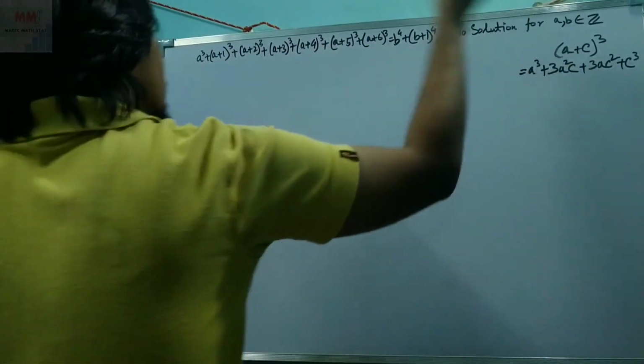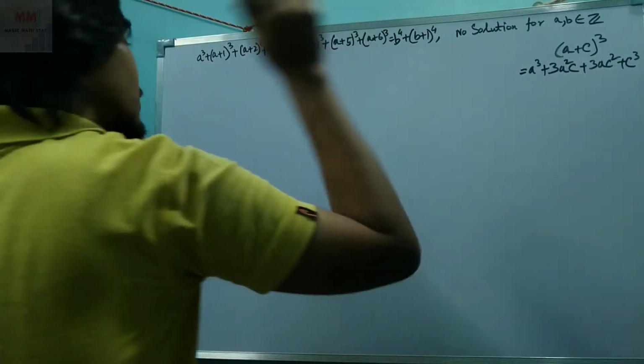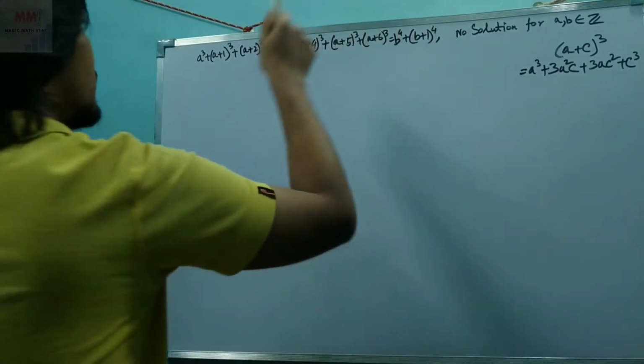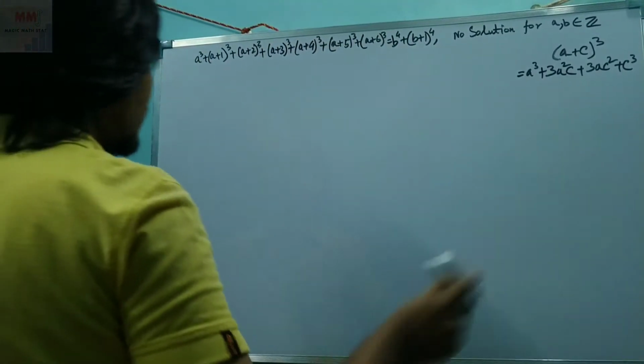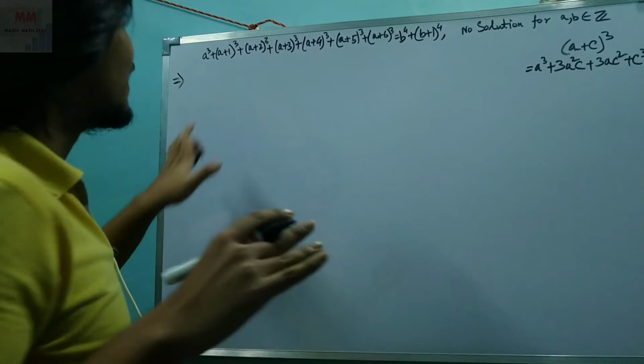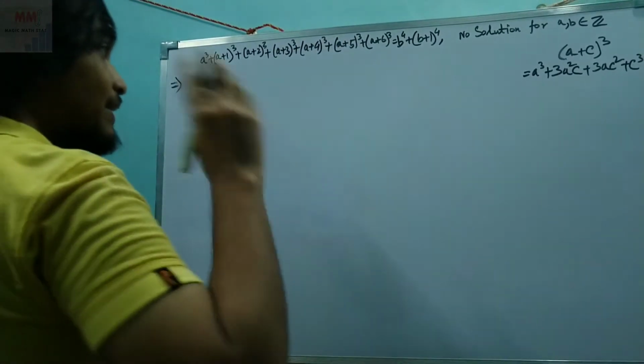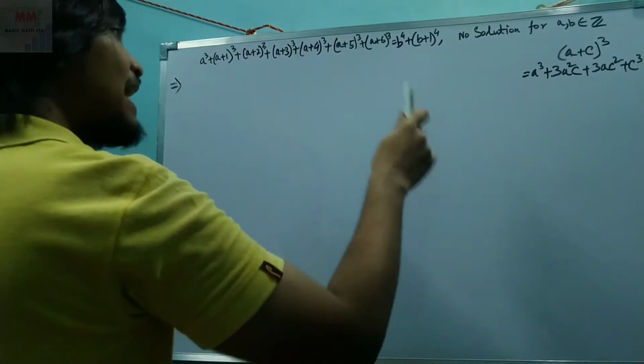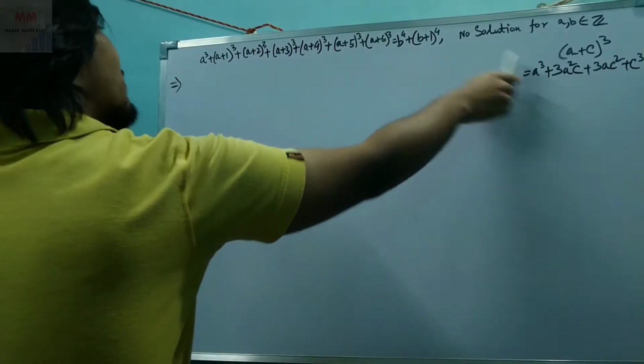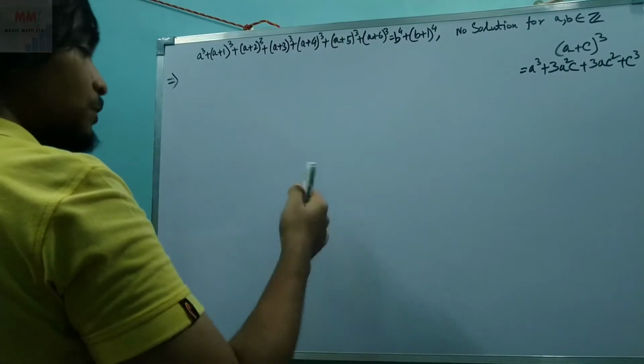If you put c equals 0, you will get the first term, c equals 1, you will get the second term, c equals 2, you will get the third term, and you get the idea. So c is changing for all these terms. a is not. That means the terms with a and constants will be the same for all of these cubes.